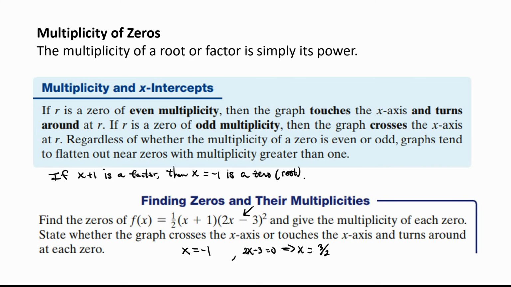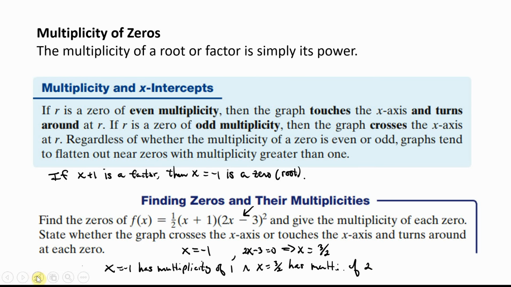So here, x equal to negative 1 has multiplicity of 1, and x equal to 3/2 has multiplicity of 2.